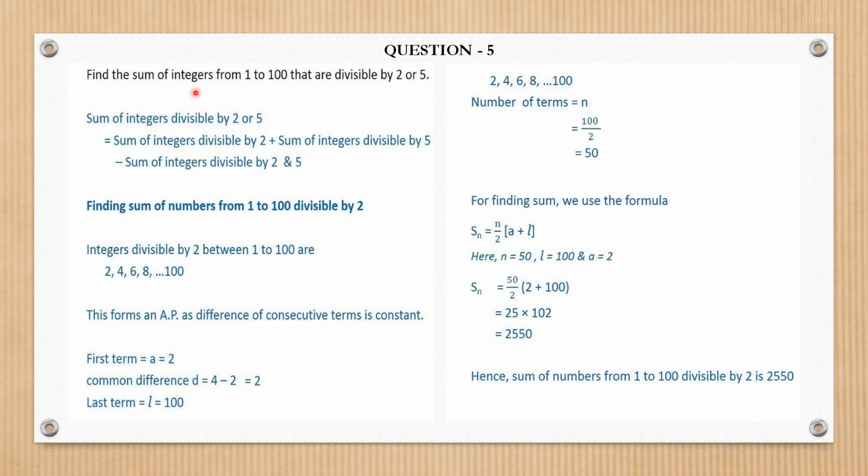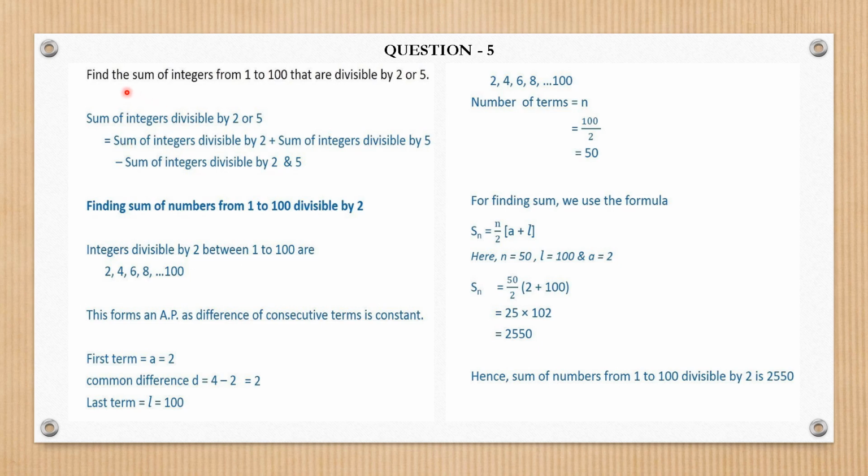Number 5 is: find the sum of integers from 1 to 100 that are divisible by 2 or 5. This kind of question can be executed in many ways, but let us elaborate this question to understand how it can be done.